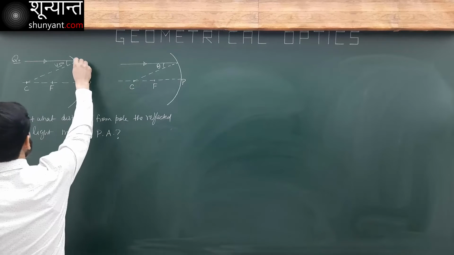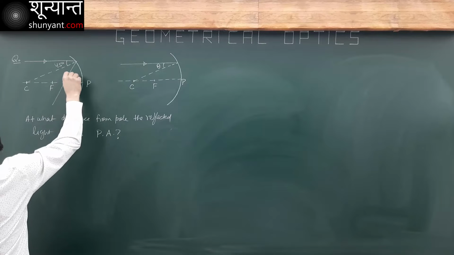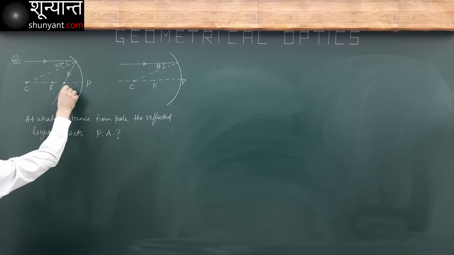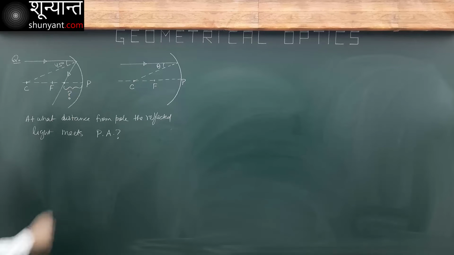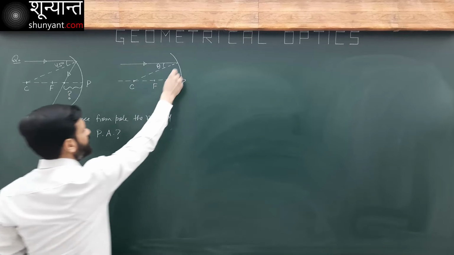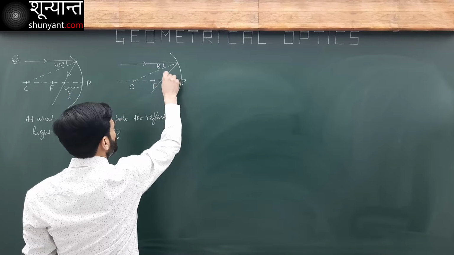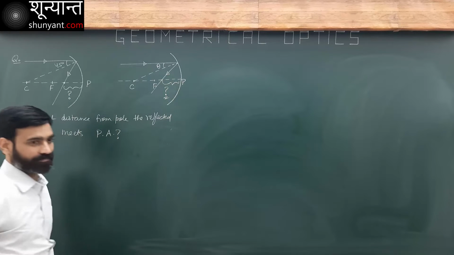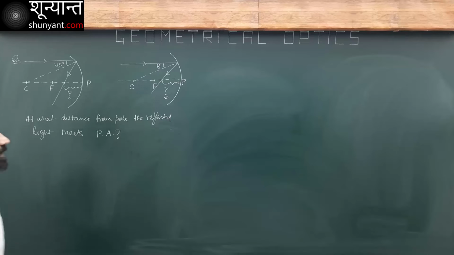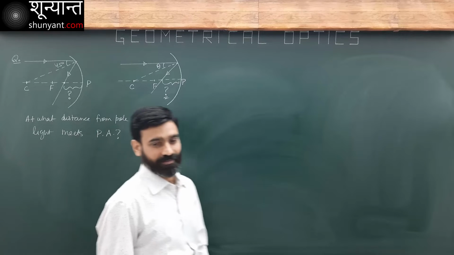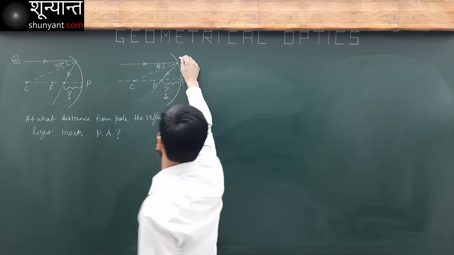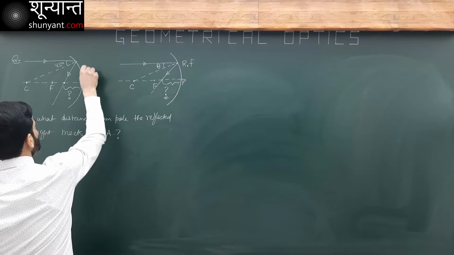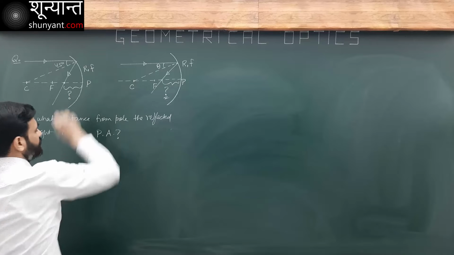Let's say this is the reflected light. It meets here. So I want to find this distance. Similarly here also, it is going to meet somewhere. What will be this distance? The radius of this mirror is R, focal length is F. Same here, radius is R, focal length is F.